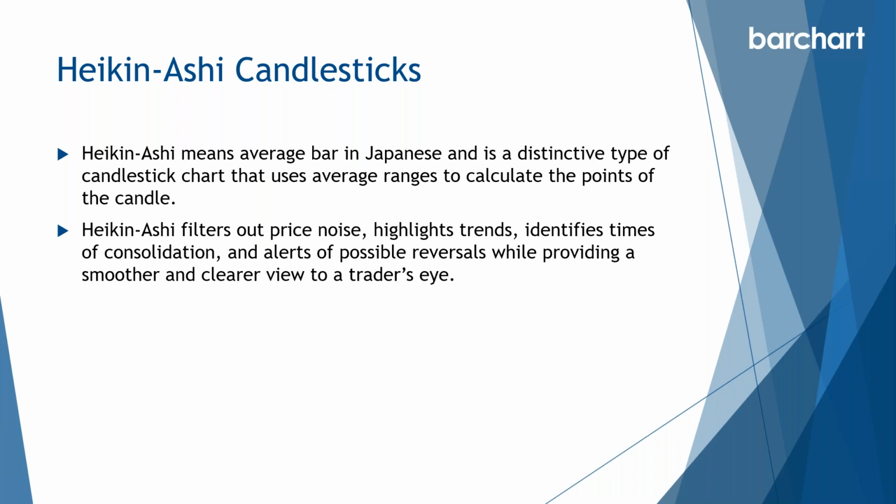Traditional Japanese candlesticks are very subjective in their interpretation, and there are hundreds of different types of Japanese candlestick formations, whereas Heikin Ashi identifies just 3 types of candlesticks. This is attractive to traders who are more analytical and prefer a more precise rule-based approach.